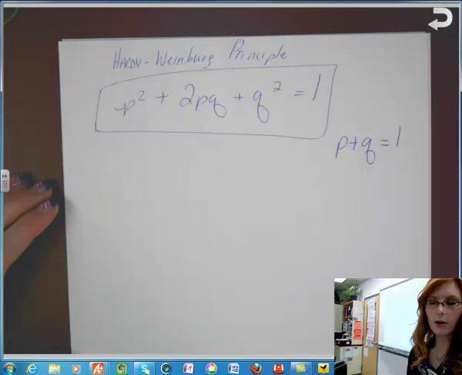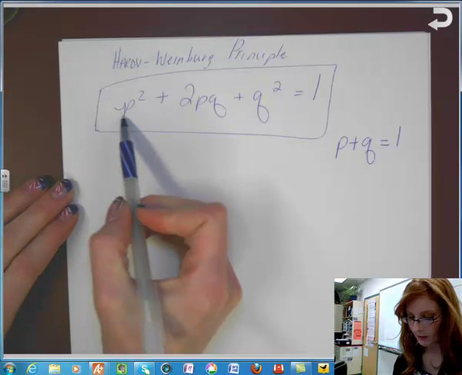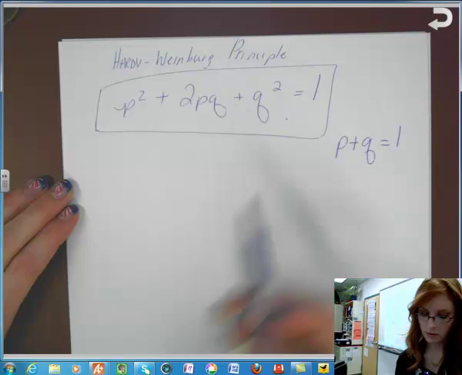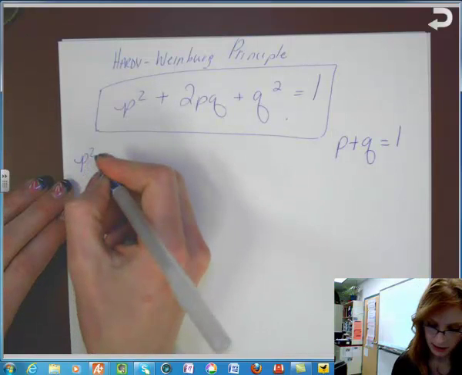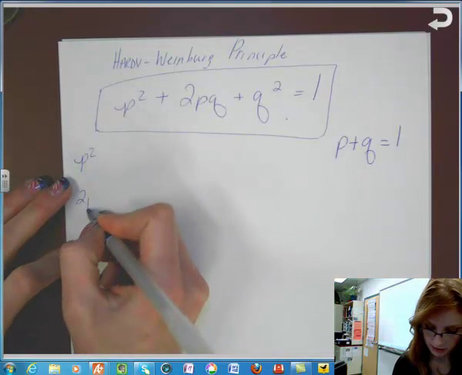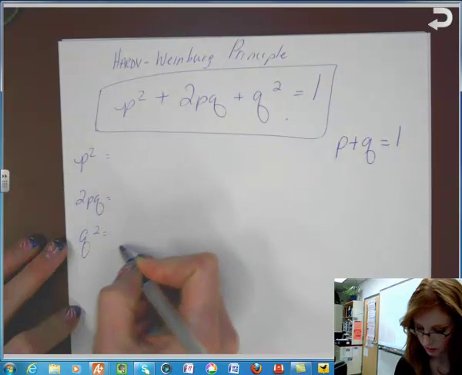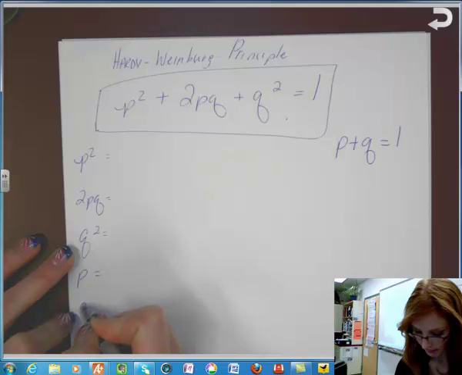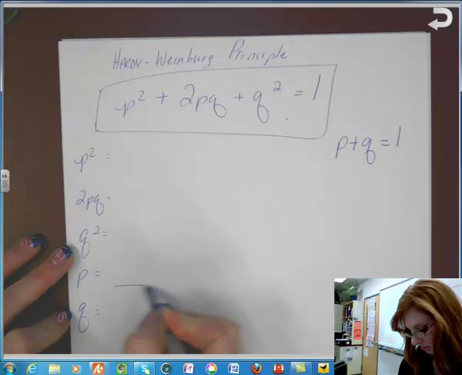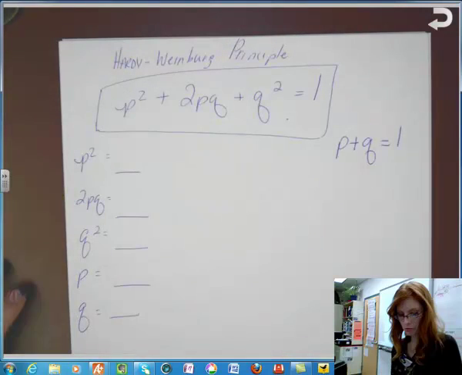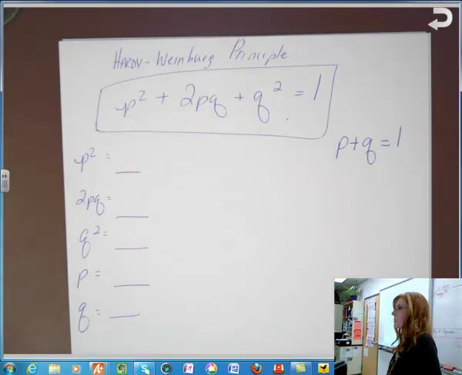Now, if this is applying to homozygous and heterozygous, we need to identify what these different things tell us. So when we get a percent for q squared, what info does it tell us? So if you look at p and q, which do you think is recessive, p or q?